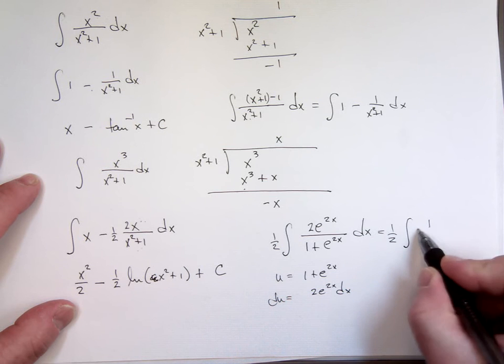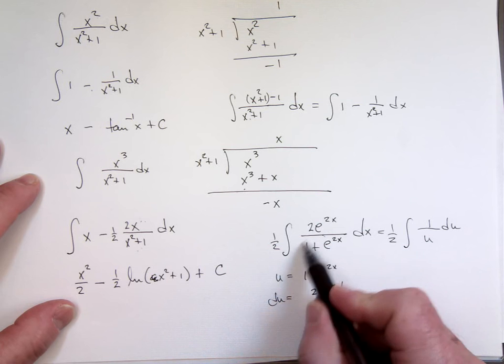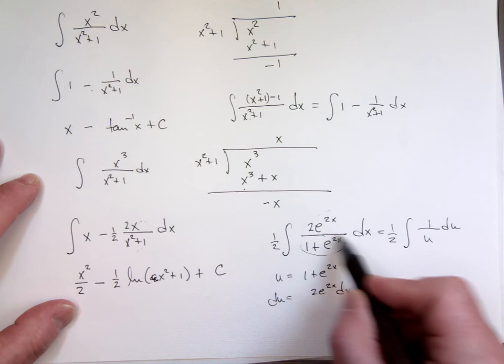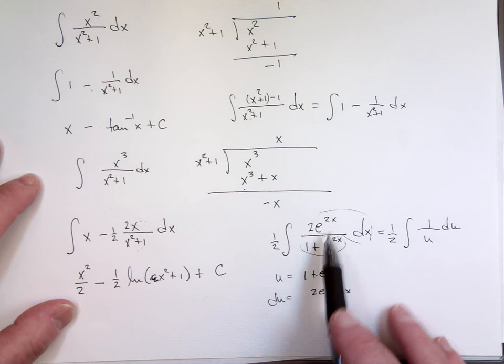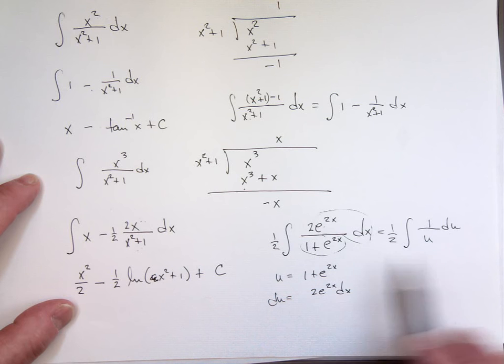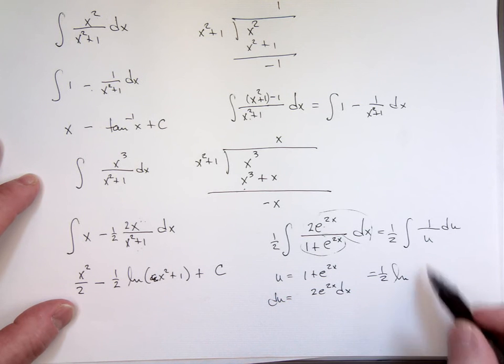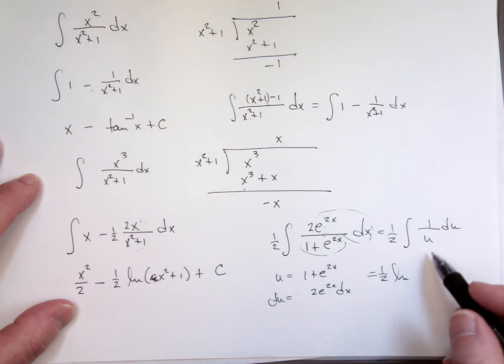This is the du right here. Where did that e to the 2x go? It's in here, in du. The answer is 1/2 natural log. I don't need absolute value here because 1 plus e to the 2x is always positive. That's your answer.